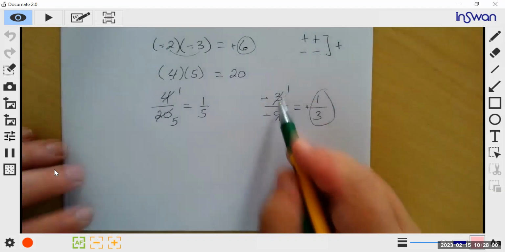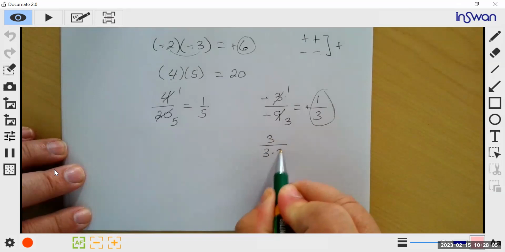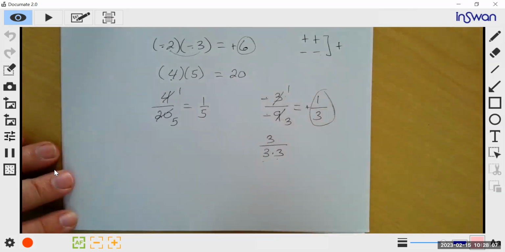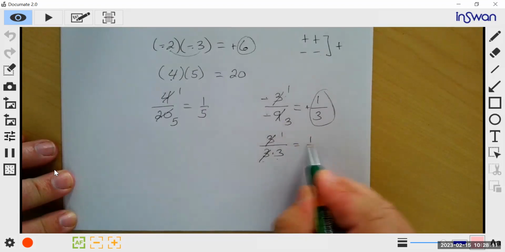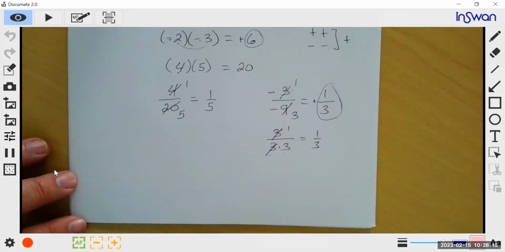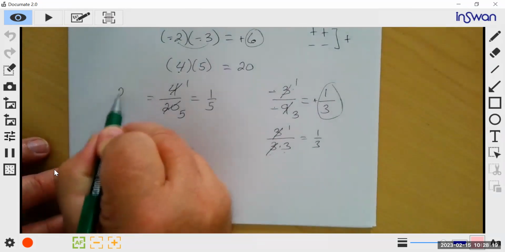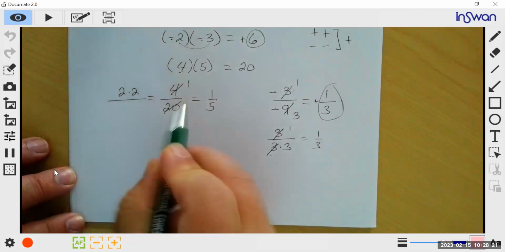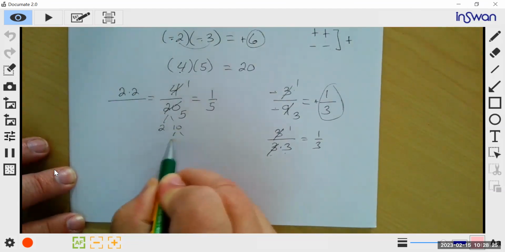Okay, if you don't see what's happening here, then prime factorize it. 9 is made up of 3 times 3. I can cancel one of these, which gives me that. Likewise over here, 4 is made up of 2 times 2. 20 is 2 times 10, 2 times 5.